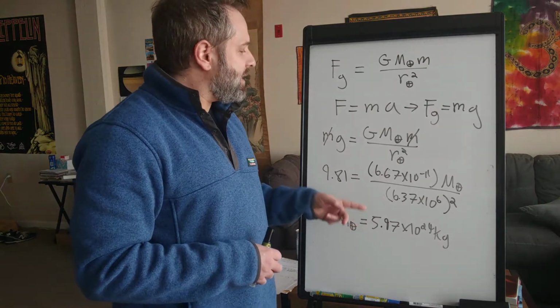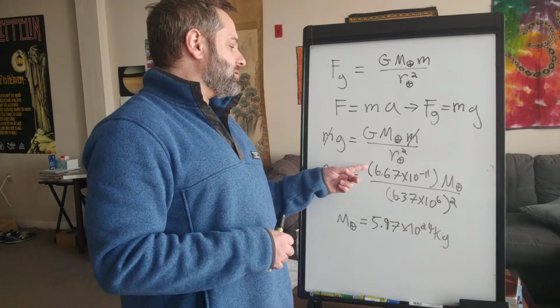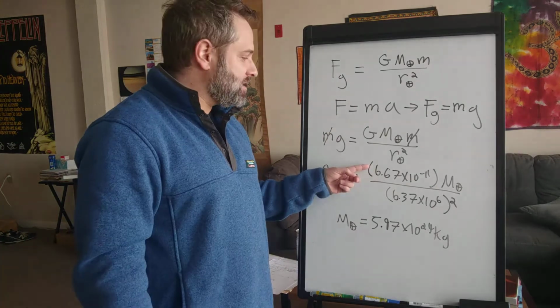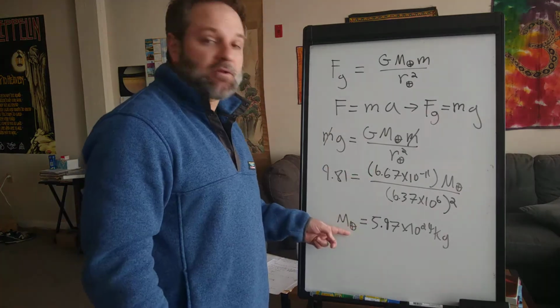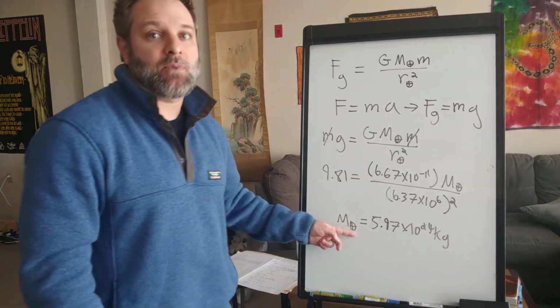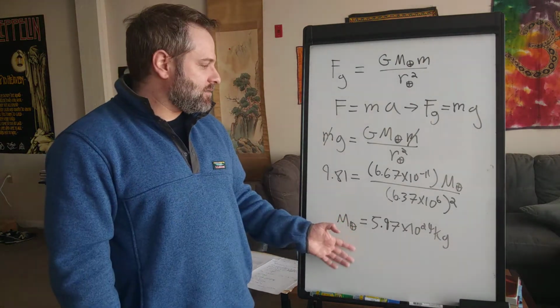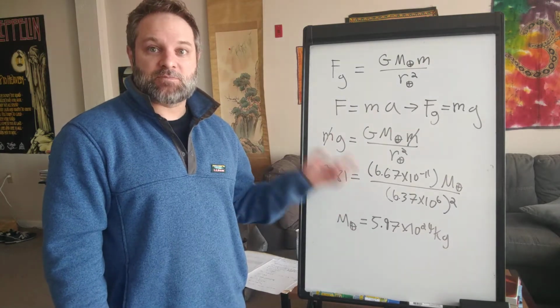So if I am able to find this universal gravitational constant, I can weigh the Earth, right? I can find out how much the Earth weighs. And that's what they called the experiment the first time that the universal gravitational constant was measured accurately.